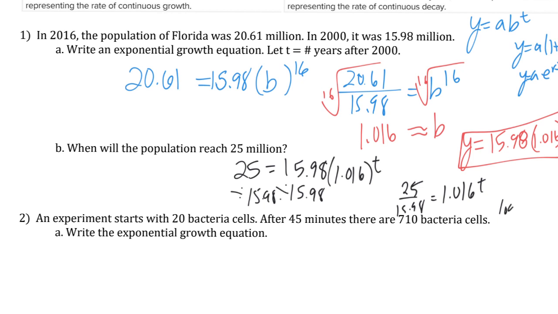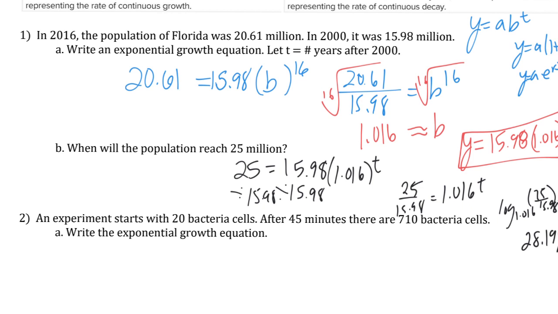So log base 1.016 of the quotient of 25 over 15.98 is equal to t. If you put that in your calculator, you'll solve for t to be about 28.19 years. So that'd be 2028, or by 2029.